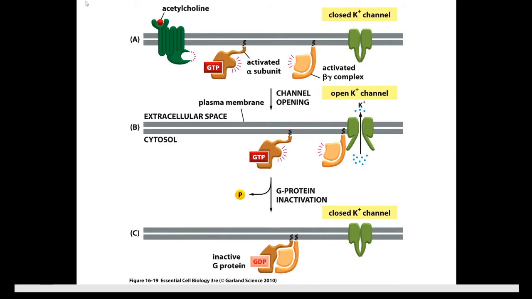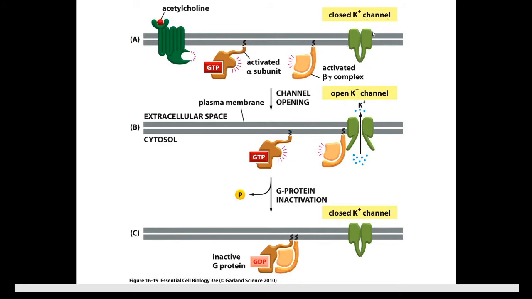Acetylcholine binds to its receptor on the cell and passes the signal to the alpha subunit of the G protein. This alpha subunit gets activated. This activated alpha subunit opens the channel at the cell surface. First, this channel is closed.